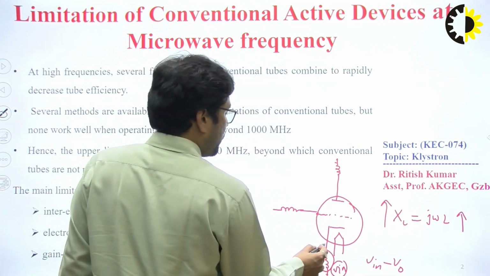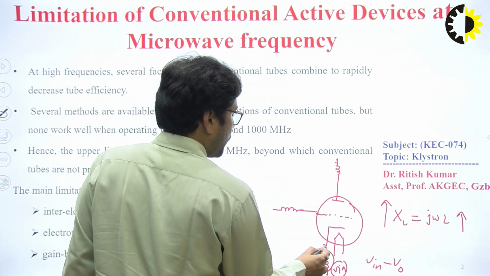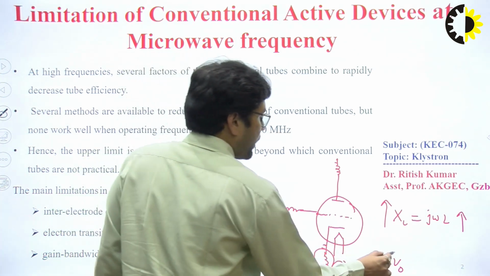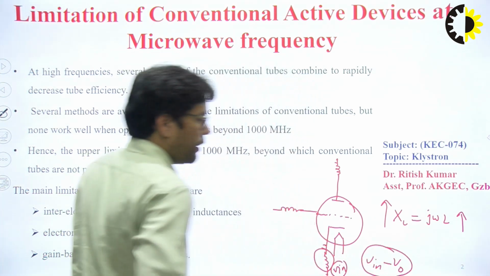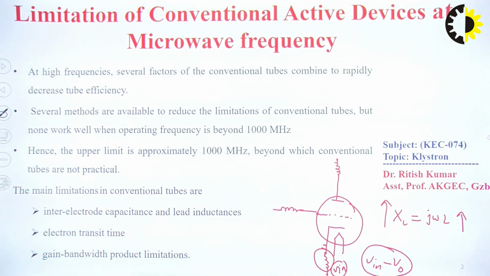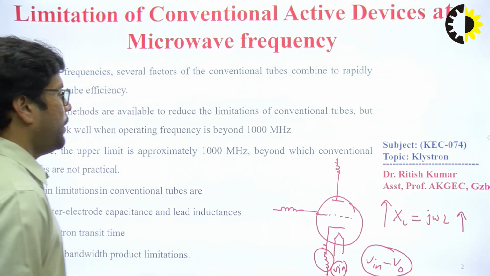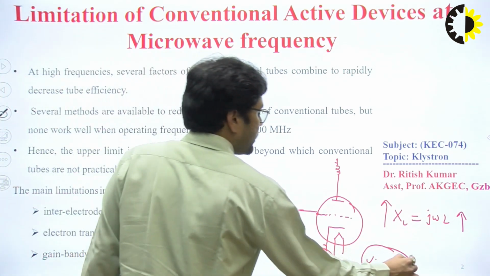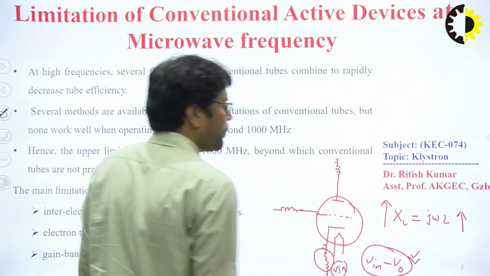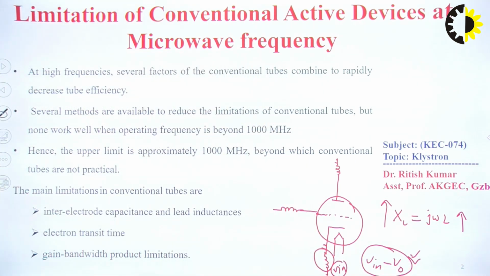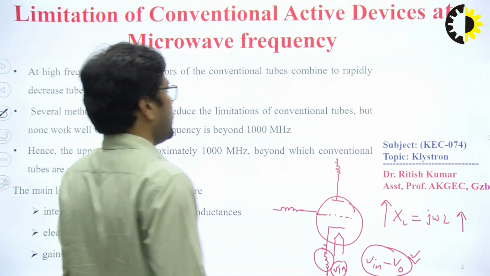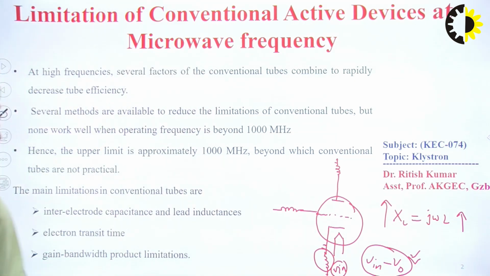The actual voltage applied at the triode valve is Vin minus V naught, which affects the performance of the device, and the efficiency or gain of the system can decrease. This is another effect we consider at higher frequency.